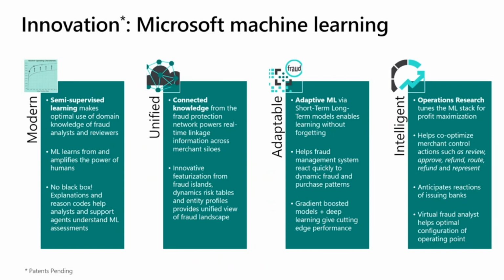Now, typically, a pure anomaly detection algorithm is an example of an unsupervised algorithm. But here in fraud protection, we have a semi-supervised machine learning algorithm as we leverage inherent knowledge a merchant's fraud team may have to optimize the system for their business.